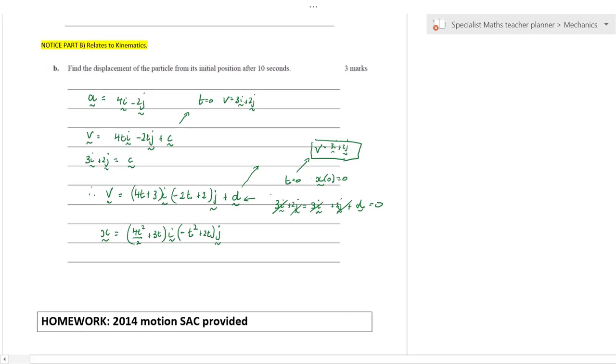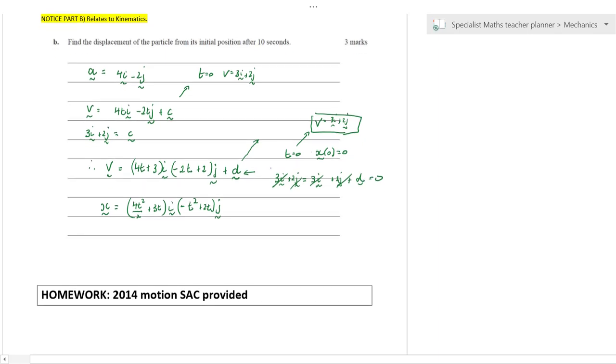Find the displacement after 10 seconds. So the displacement is this position vector sort of here.